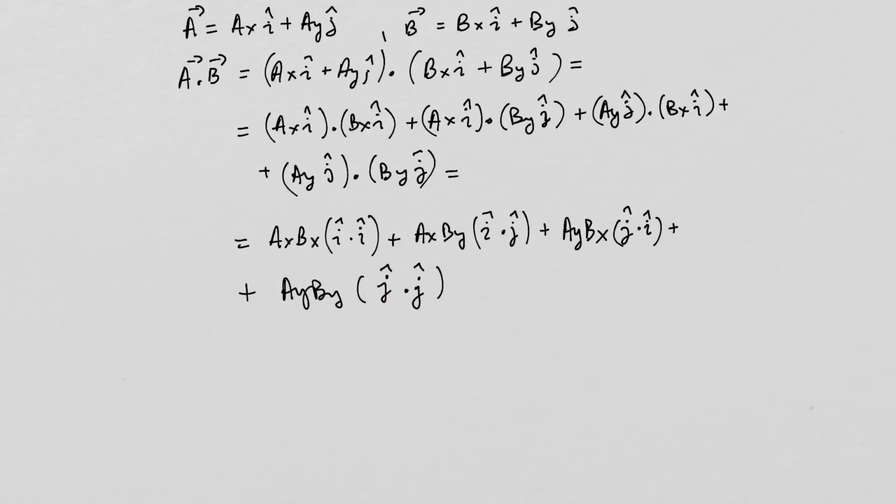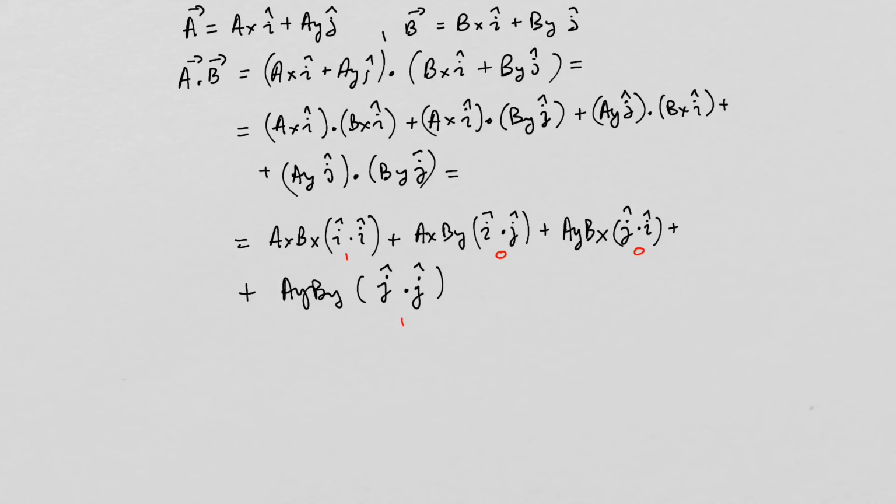From the previous slide, we know that the dot product of the same unit vector with itself is equal to 1. So here we have 1, and here we have 1. And then the dot product of two different unit vectors is equal to 0. So this is a 0 and this is a 0.